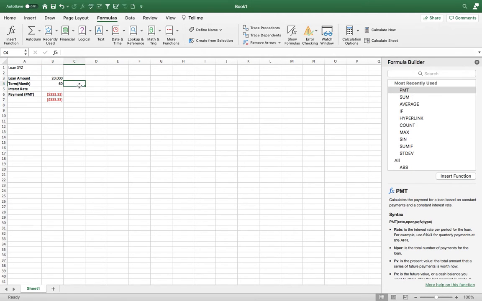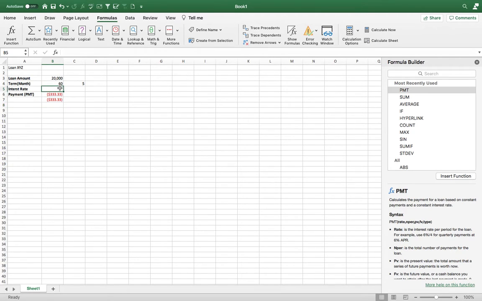One way you could look at it is equal sign 60 divided by 12. That is 5 years. So we're saying by paying 333 and some change, within 5 years we'll pretty much finish it. That's what it means.